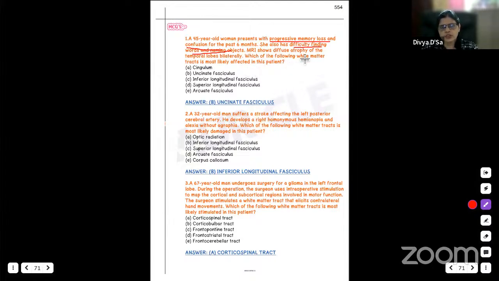MRI shows diffuse atrophy of the temporal lobes bilaterally. Which of the following white matter tracts is most likely affected here?